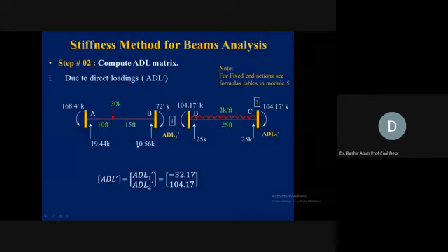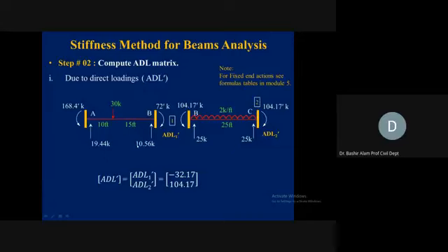Now, if we use this one, B is 30 and A is 10, and then we have 15 square divided by this L square. So L square is becoming 25 square. So 30 times 10 times 15 square divided by 25 square.